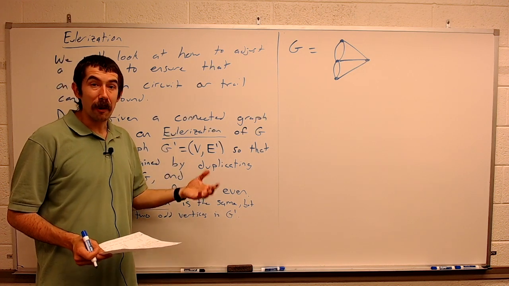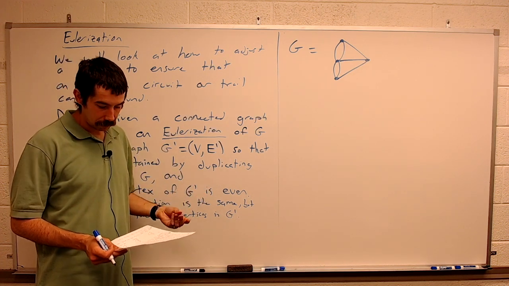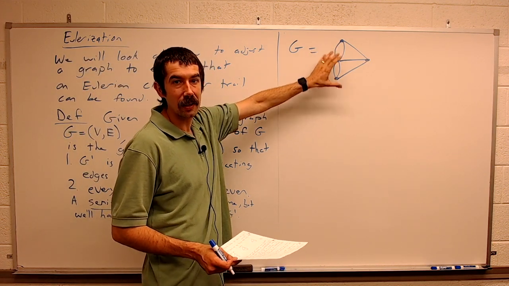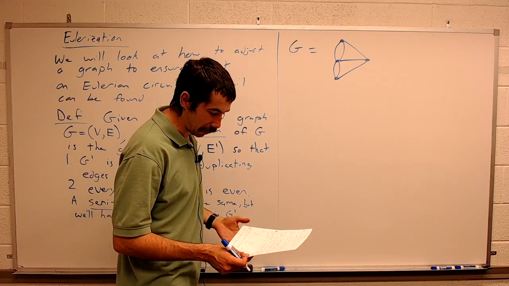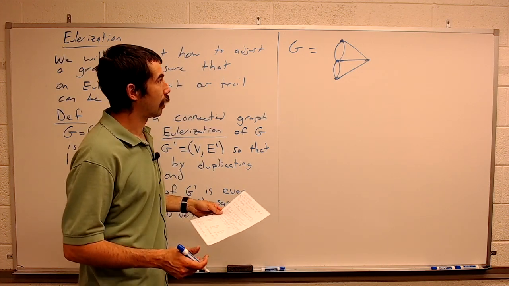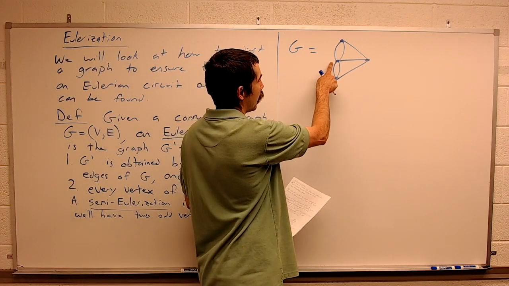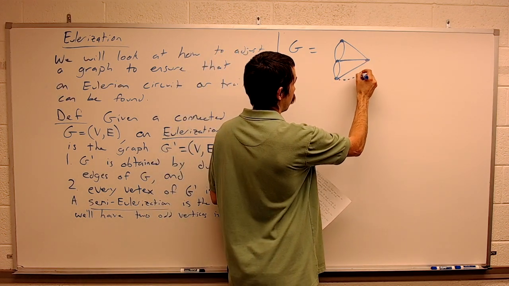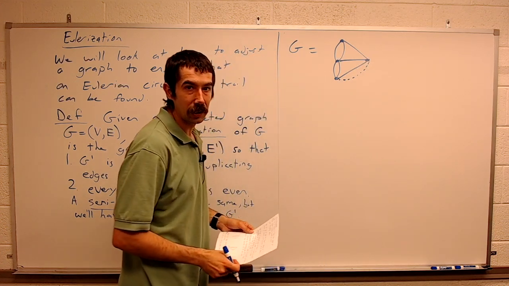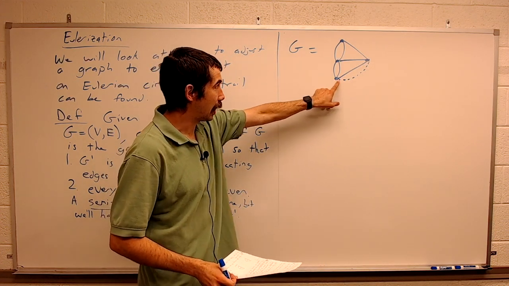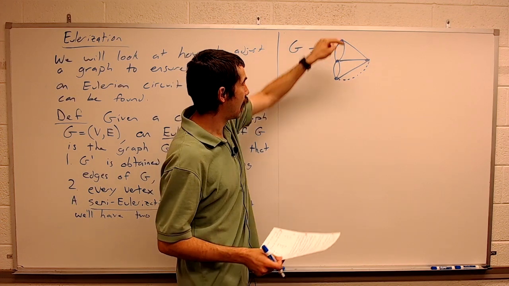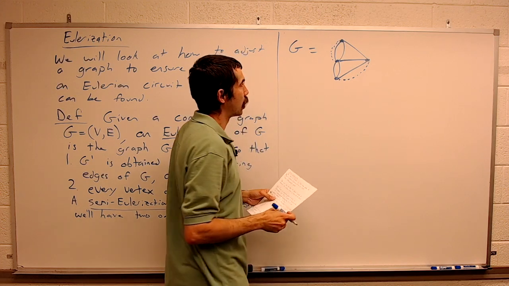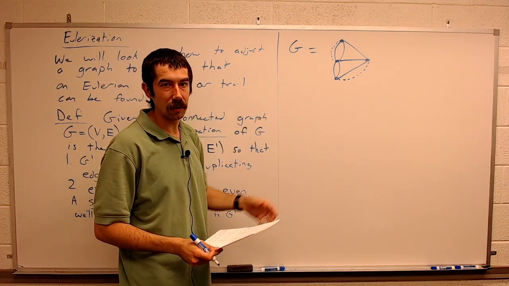And if we want to Eulerize this graph, basically what we want to do is duplicate some of these edges so that we end up with only even degrees at the end. Right now we have odd degree, odd, odd, and odd. If we add that edge, now we have even, even, odd, odd, and maybe we duplicate one of those edges. And so this is an Eulerization.